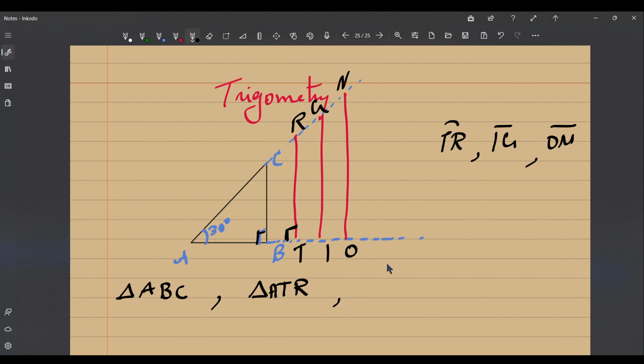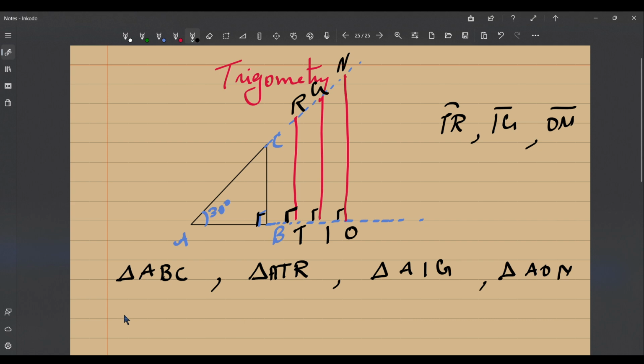Now let's also include the other triangle, triangle AIG. Once again, A is common, and it's right angled at I. So once again, two of its corresponding angles are equal in all these three triangles, and also triangle AON. I can say the same thing about this triangle also. So what is our conclusion?